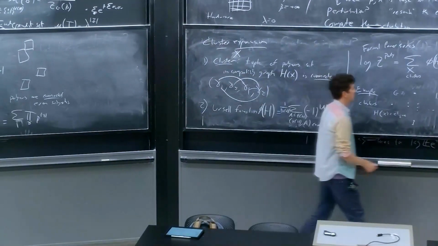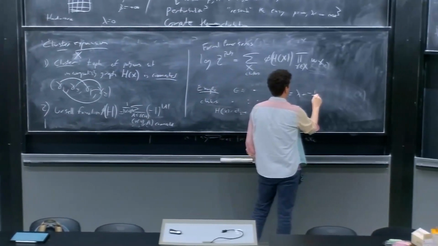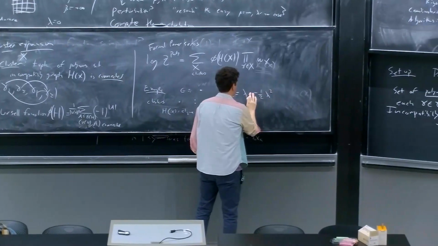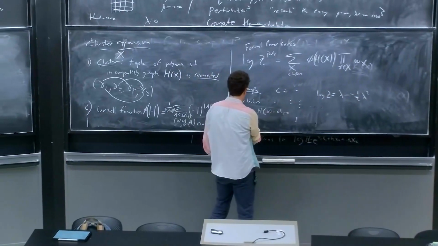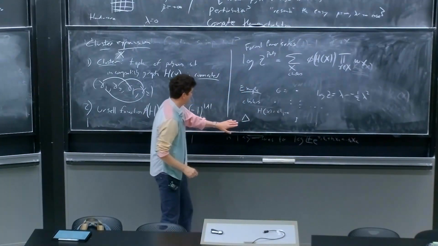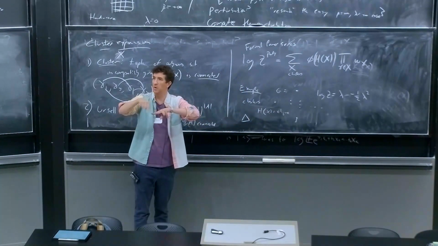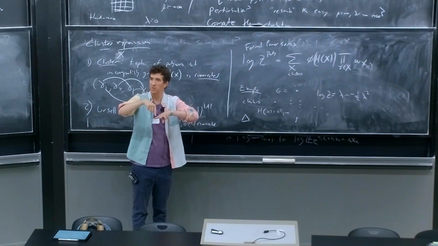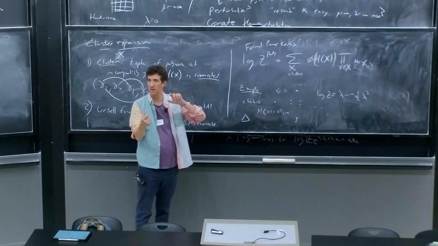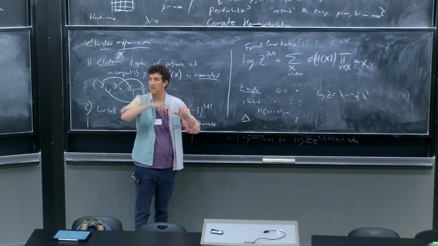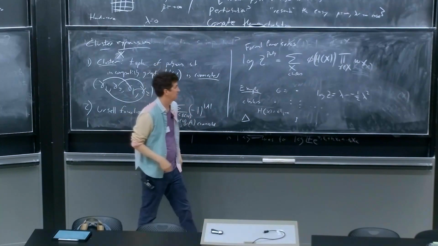So you get minus 1 over 2 lambda squared. Next, you have a triangle. Triangle's a little bit more complicated, right? You have 3 sets of 2 edges that give you plus 1, so plus 3, minus 1 set of 3 edges, which gives you minus 1. So 2, but divided by 6 for 3 factorial.